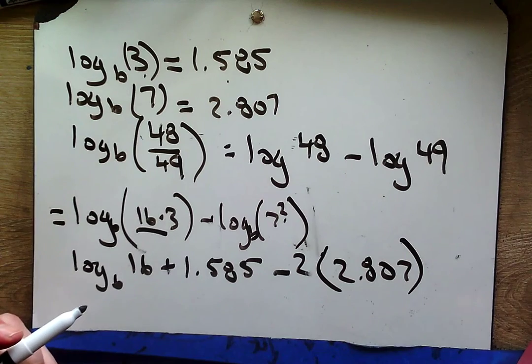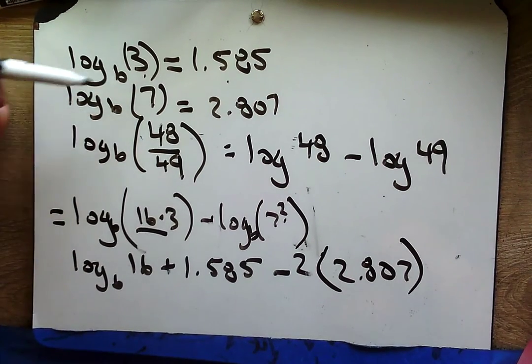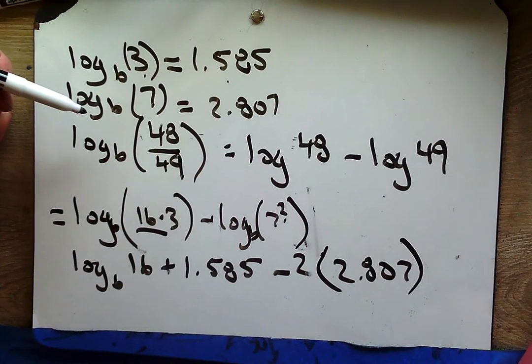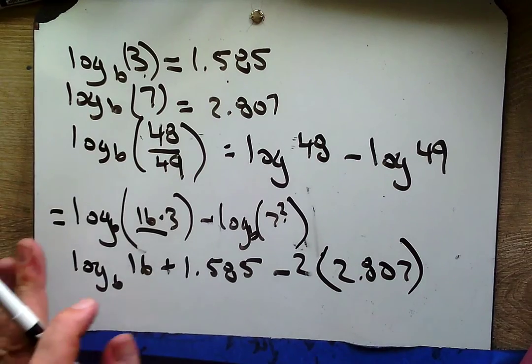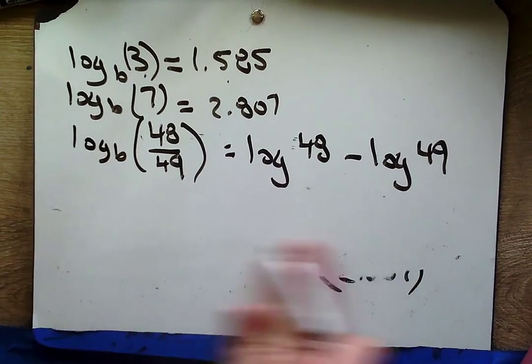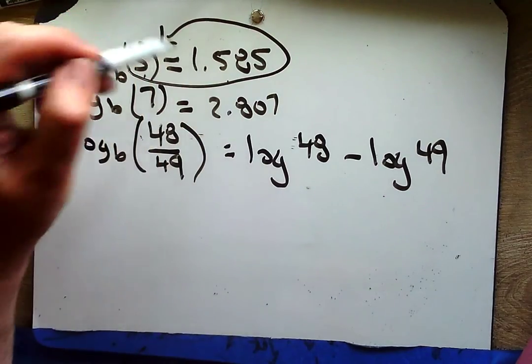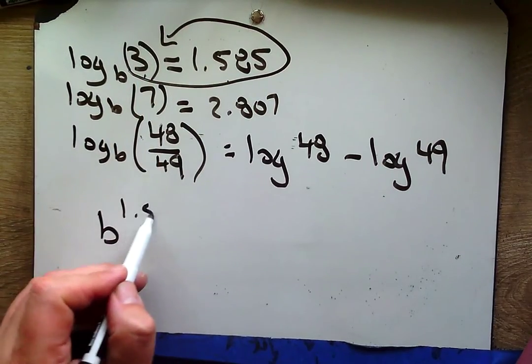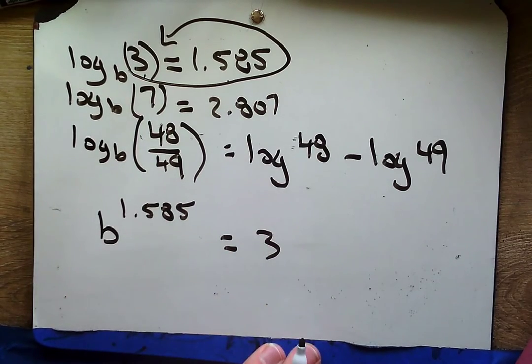Okay. I will say that in problems like this, I have seen students do this very interesting thing where they don't like that they don't know what the base is, and so they do this. They say b to the 1.585 equals 3.